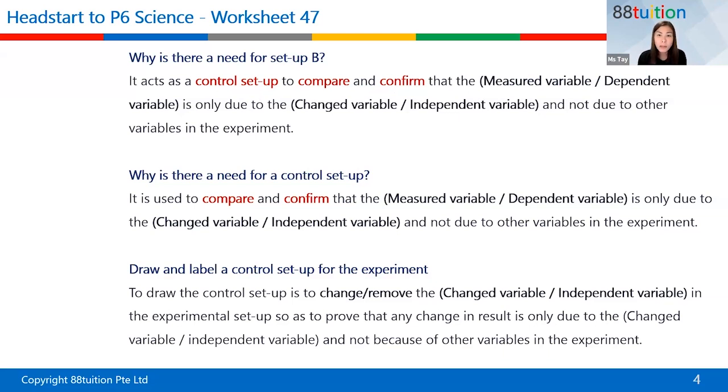There's a standard way of answering the question. This is a very standard kind of answer. You just need to know the format, how to write it: identify the change variable, identify the measured variable, and you will be able to get full marks.